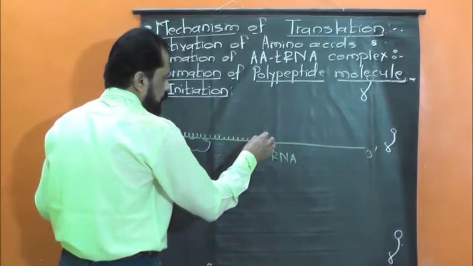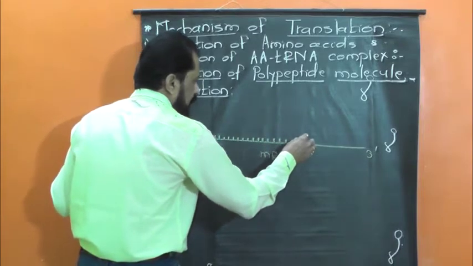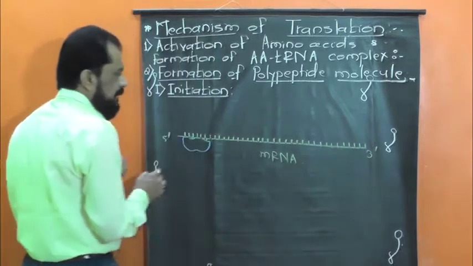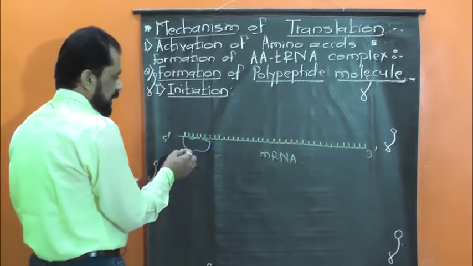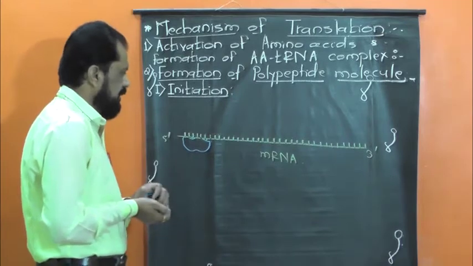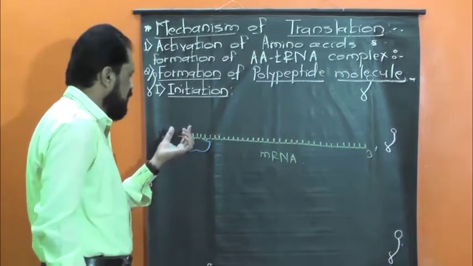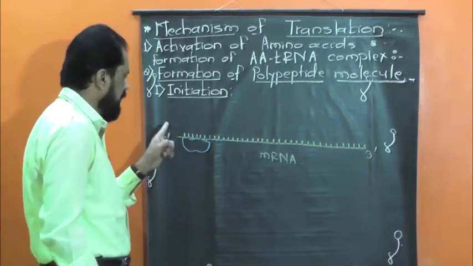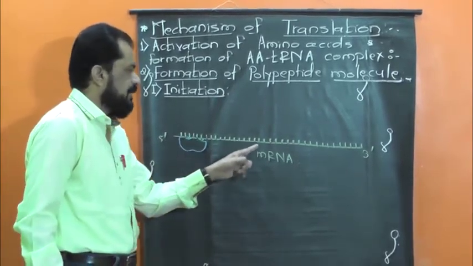Here I am going to show the sequence of nitrogen bases or nucleotides, and the triplet of nucleotides is nothing but the codon.